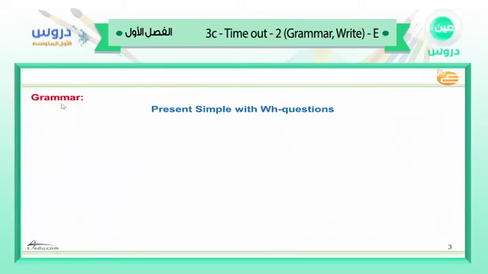First of all, we will talk about the grammar. As we said before, present simple tense with WH questions. Some people will say, excuse me, what do you mean by present simple? So at first we have to know what we mean by present simple.